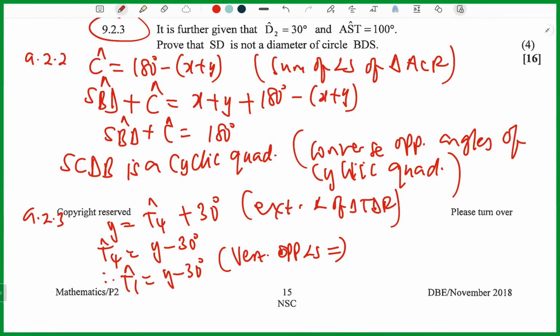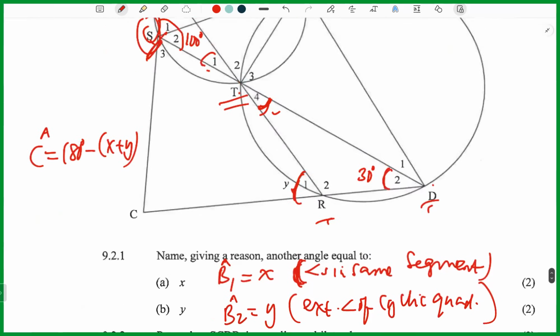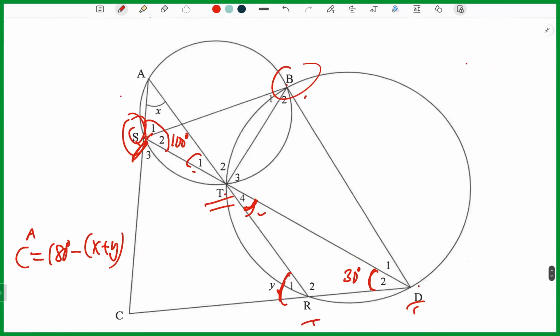And so in triangle AST now, we can add all the angles there. So let's look at triangle AST. We have this angle here of 100 degrees.